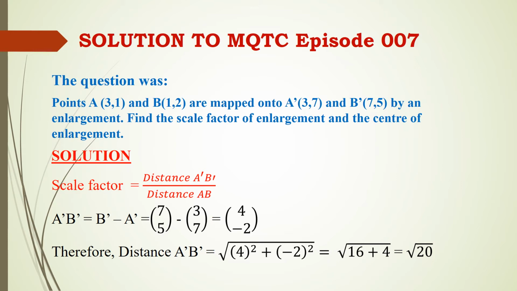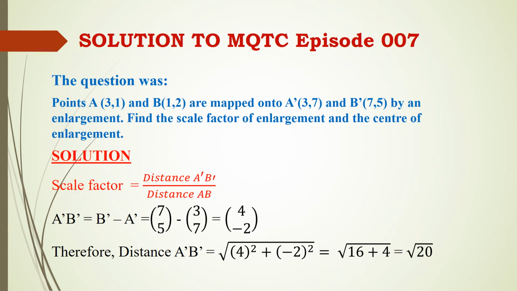You are supposed to find the scale factor of enlargement and the center of enlargement. Solution: you are supposed to start by finding the scale factor, which means you will determine the distance between A prime and B prime, the images of A and B, and then the distance between point A and point B.